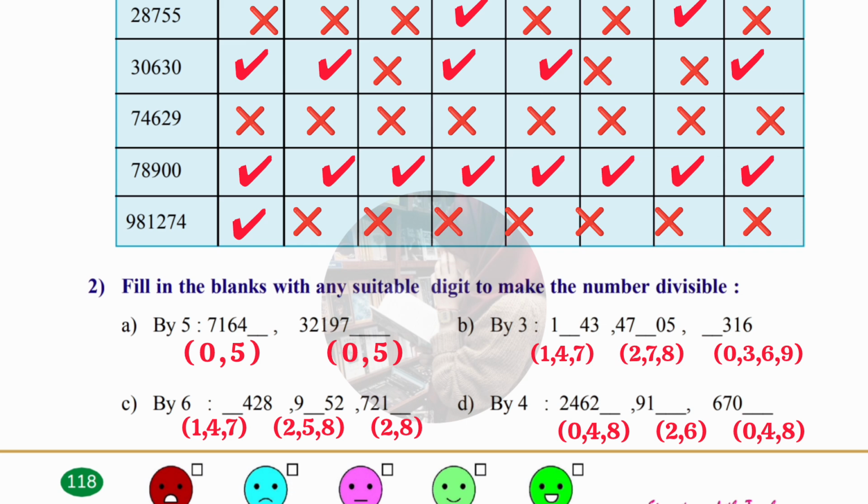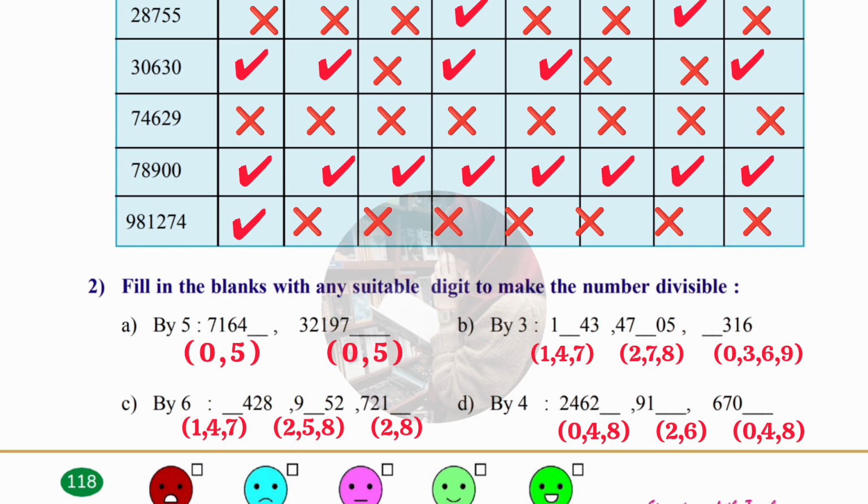Let's see the first one. By 5 means the given number should be divisible by 5, but the incomplete number is 716 with the last digit not filled. We have to fill it with a particular digit so that the complete number is divisible by 5. We all know the divisibility rule of 5: it should end with 0 or 5.